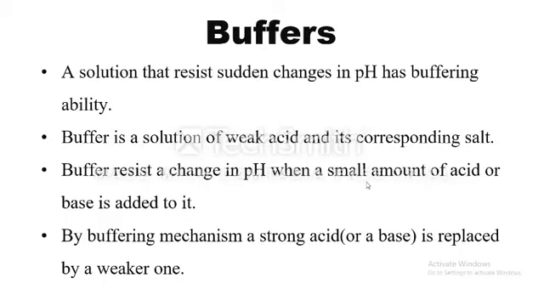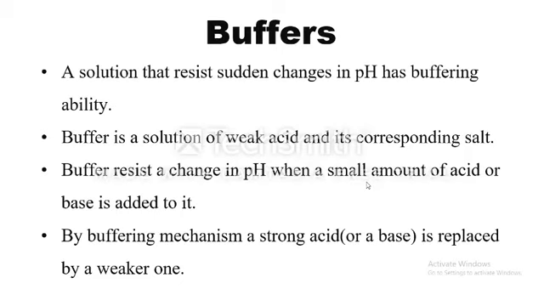Now what are buffers? The most important thing inside our body that can control the acids and the bases both. A solution that resists sudden change in its pH has buffering ability. The buffer is a solution of a weak acid and its corresponding salt.